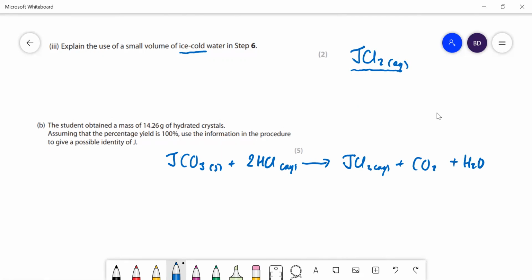The important thing, we've got a 1:2 ratio there. Now this was in excess, so the amount of carbonate which will dissolve is determined by the moles of hydrochloric acid we've got. So we need to work that out.